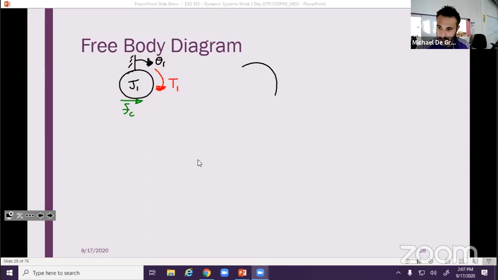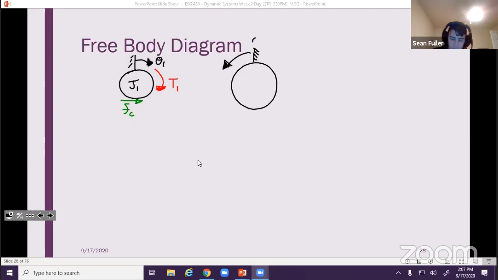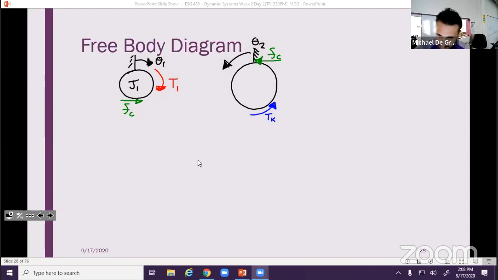So let's look at the gear. Here's my gear. It's going to have some rotation in this direction, and I'm going to have some contact force at the top here that I will call F sub C. And I'm going to draw my stiffness going in this direction.